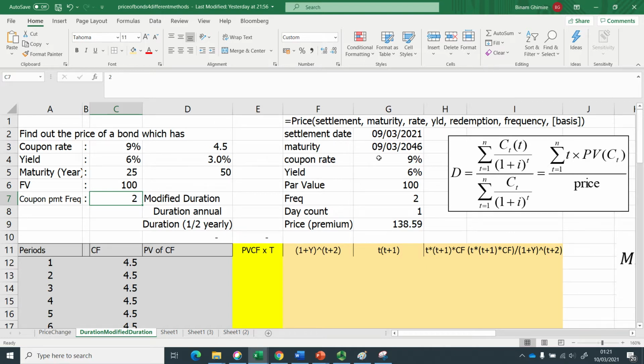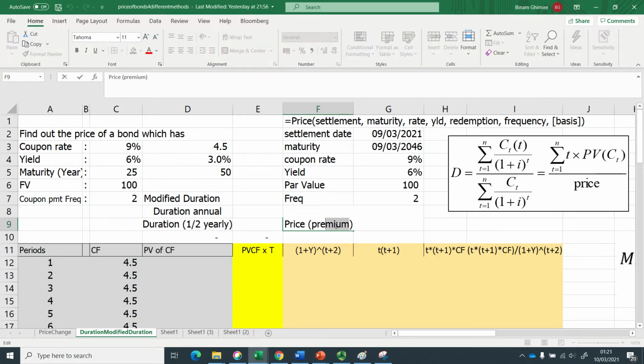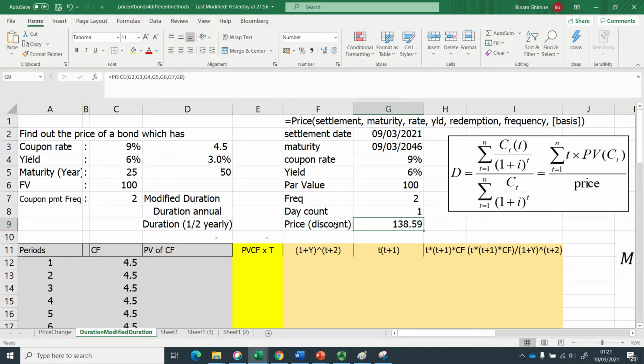This example is exactly similar to the one in my previous video, these numbers, but just to give you some change, instead of finding the price of a bond selling at a premium, I can make it a case where the bond is selling at a discount, and the only thing I need to do is simply flip this.